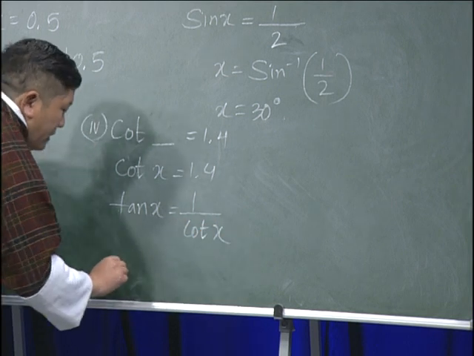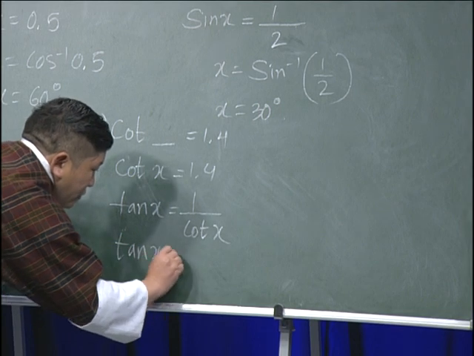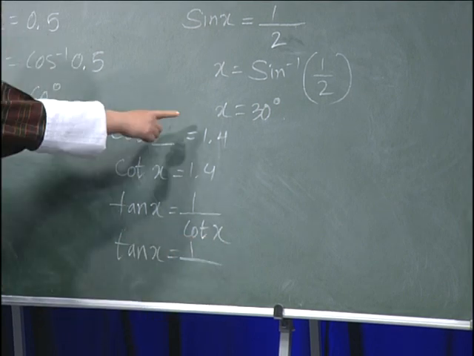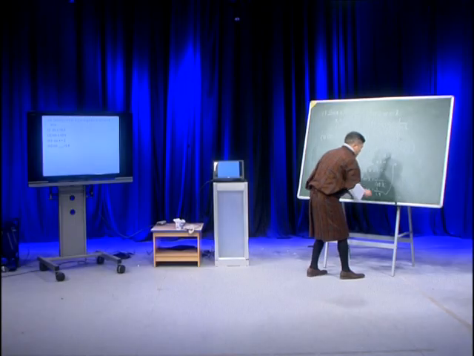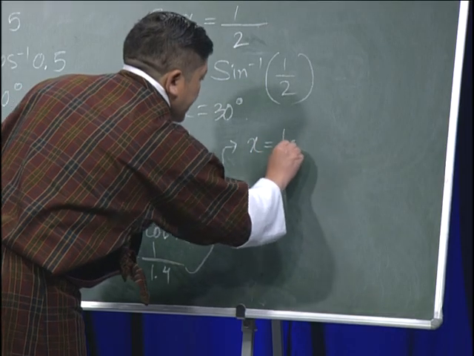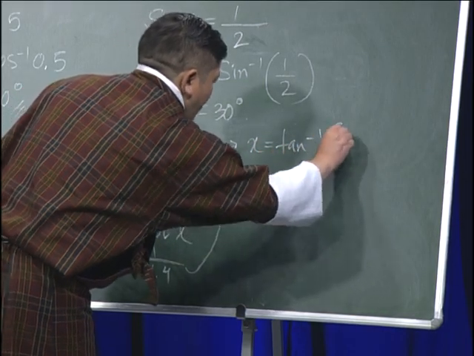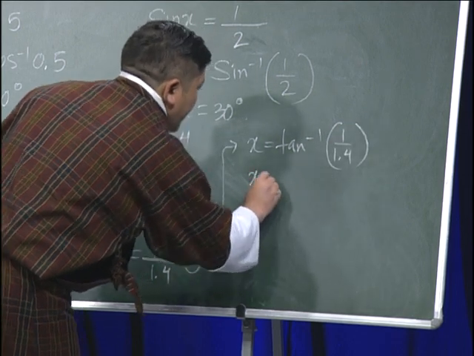So tan x equals 1 over cot x, and the value of cot x is 1.4. So angle x is equal to tan inverse of 1 over 1.4. So what's the value of angle x?